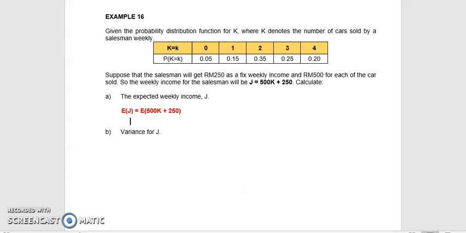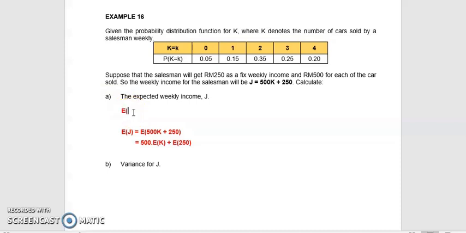If we expand this one, 500 is a constant, so take out the constant 500 multiplied by expected of K, plus expected of 250. Now we don't have the value of expected of K, so we need to find expected of K first.